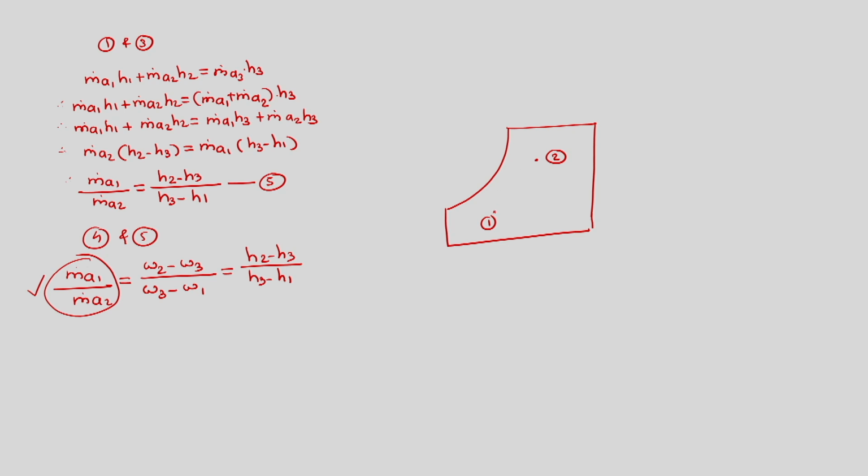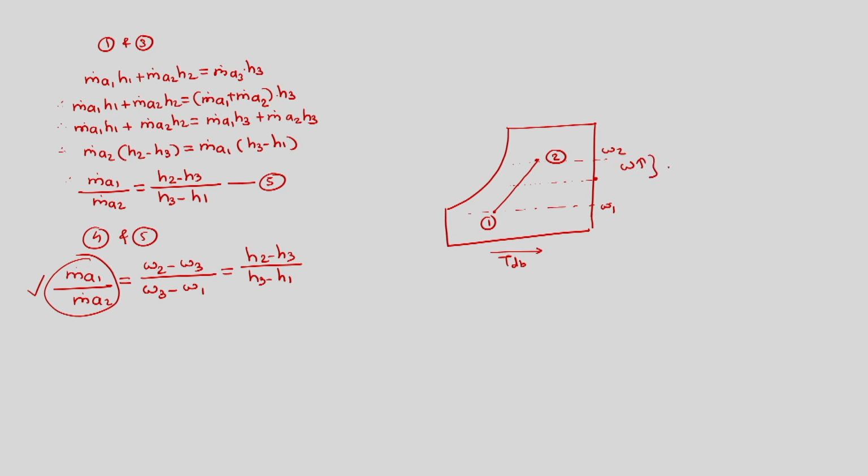So we can draw a straight line between them, and since we know their ratio, we know this is the omega axis and this is the dry bulb axis. So for the omega axis we can draw a horizontal line from here. So here this ratio is known. So this is omega 2 minus omega 3 divided by omega 3 minus omega 1. So suppose this is omega 3, this is omega 2, this is omega 1.